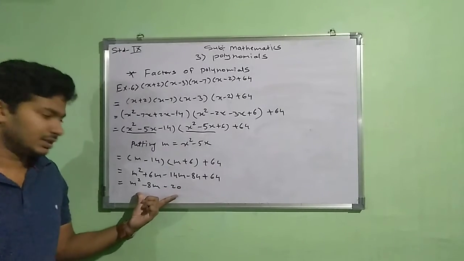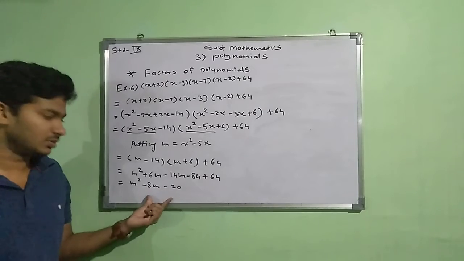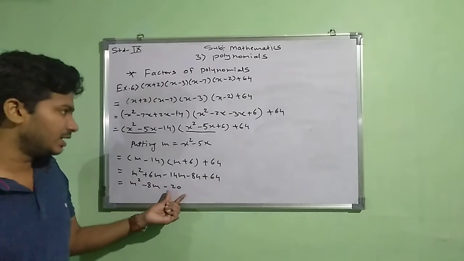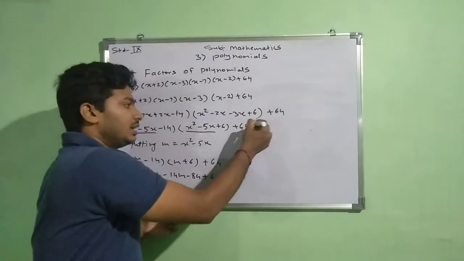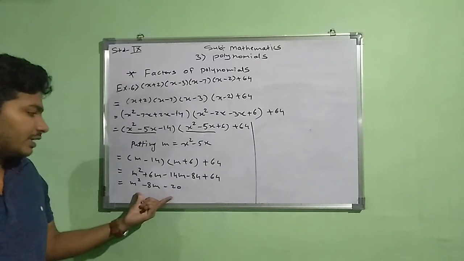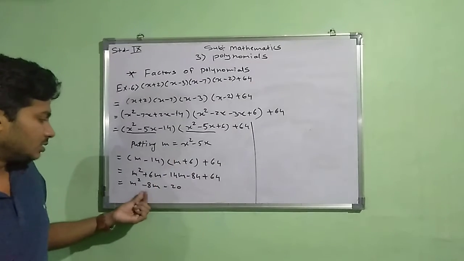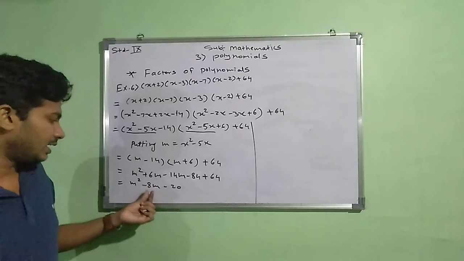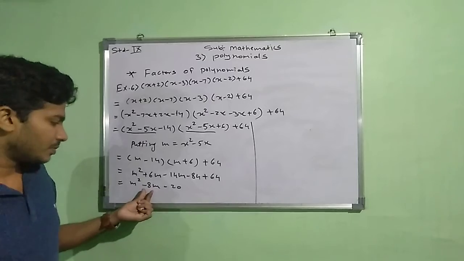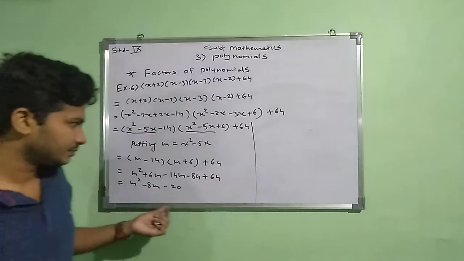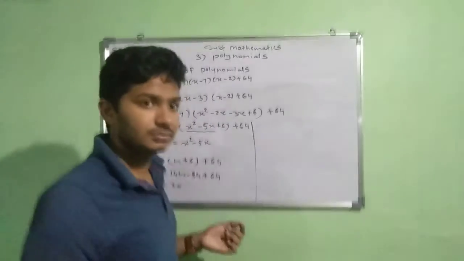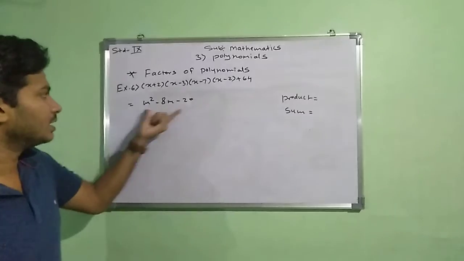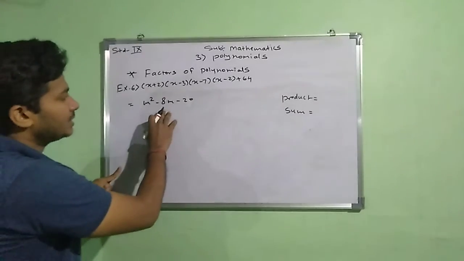If you look at this equation, this is a quadratic equation, okay? m square minus 8m minus 20, and in this quadratic equation we can find the factors by using our method. So here we want product as minus 20 and sum as minus 8. So here we have m square minus 8m minus 20.